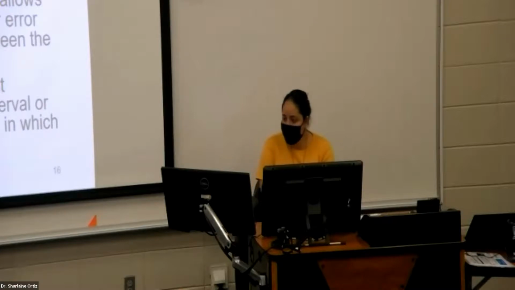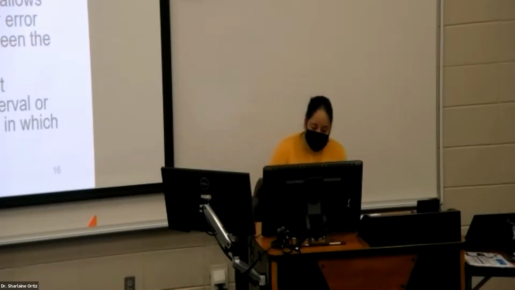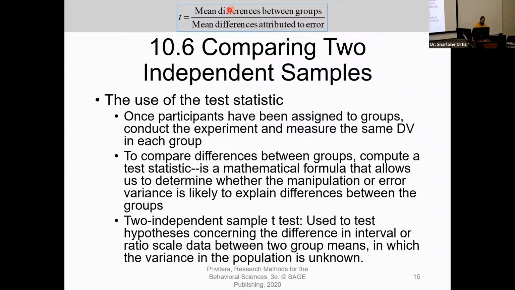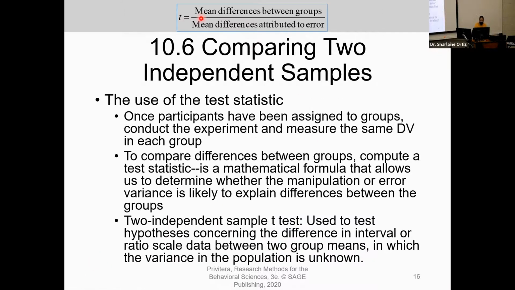Good deal. So let me give you an example of measuring this statistic. Notice, as I mentioned, that the numerator of that statistic is going to be the difference between the groups. In this case, we have 2 groups, so group number 1 and group number 2. So this difference is what you're going to have in the numerator of your t-test.